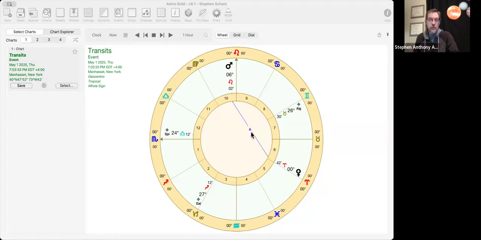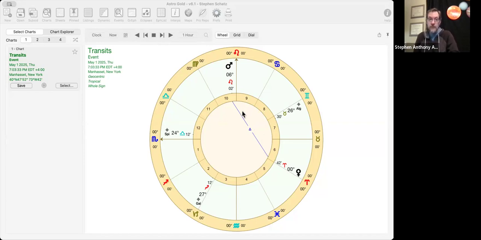When you see a blue triangle, it's a trine, which is a third harmonic aspect that perfects at a 120-degree angle. Well, this is within orb.